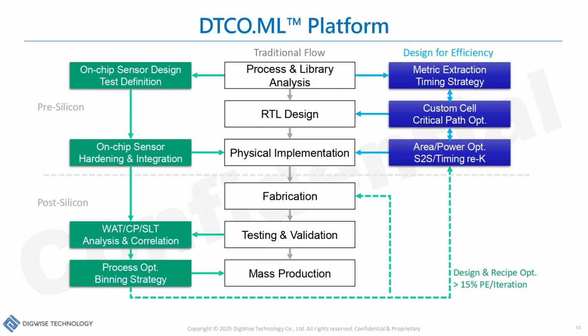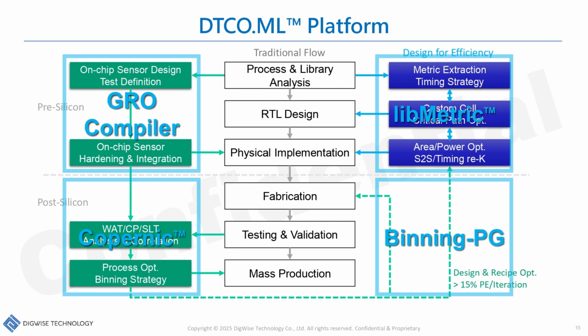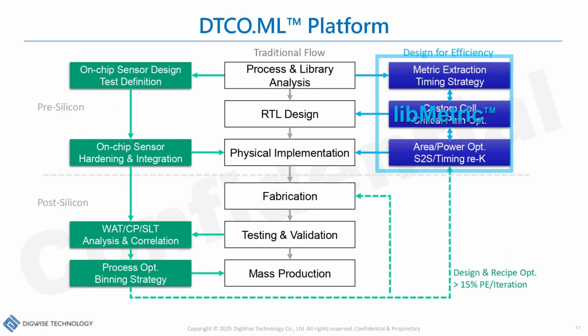Under this concept, DigWise Technology's contribution is to break down the DTCO platform into 4 distinct tools. LibMetric analyzes standard cell libraries, evaluating timing, power, and area, to help designers make informed decisions early.